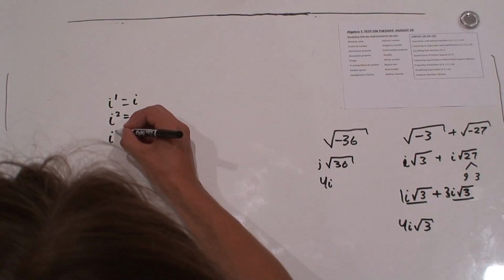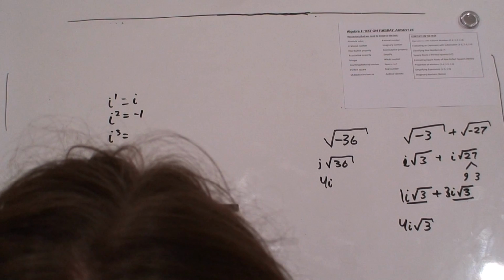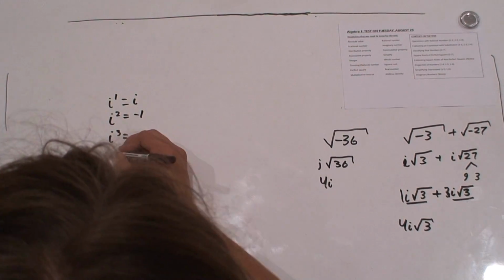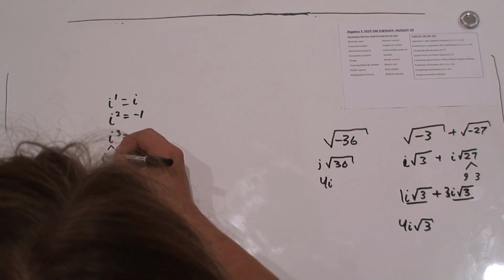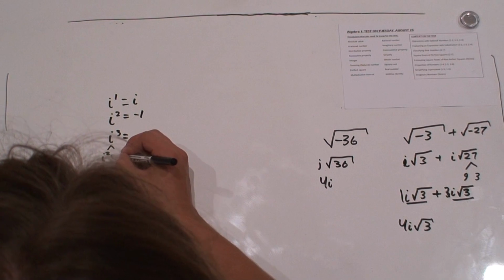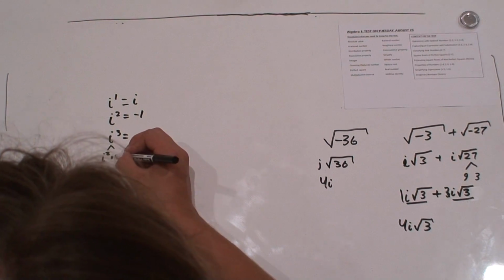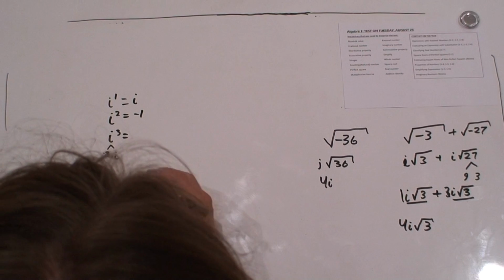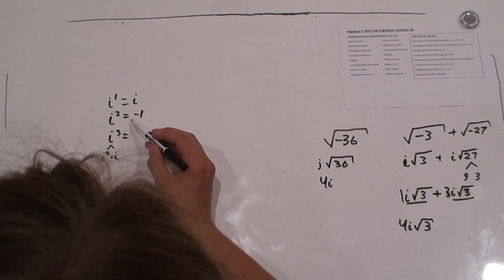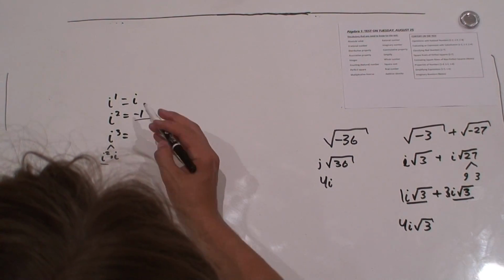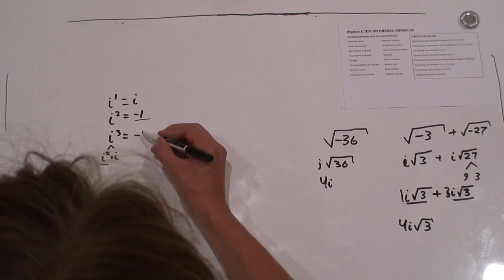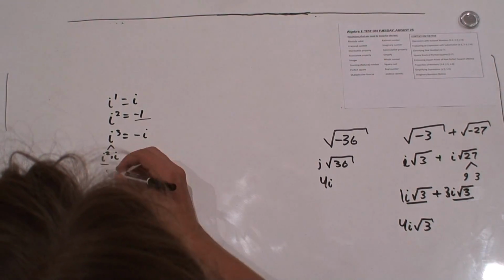But then when we get i to the third power, well, i to the third power is i to the second power times i. And i to the second power is -1. So -1 times i, you would get -i.